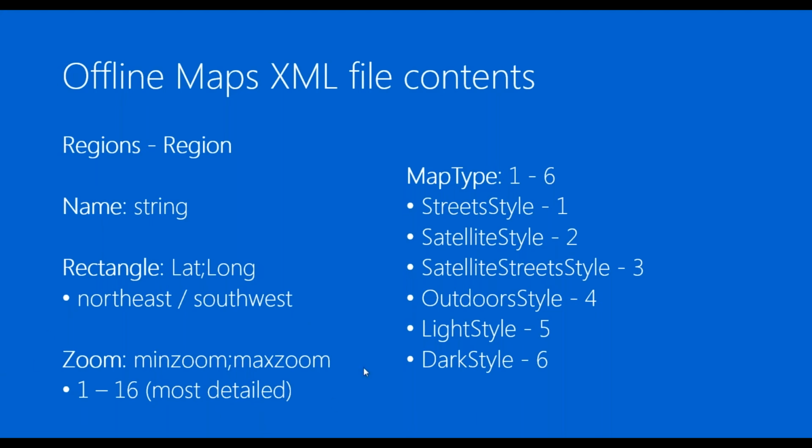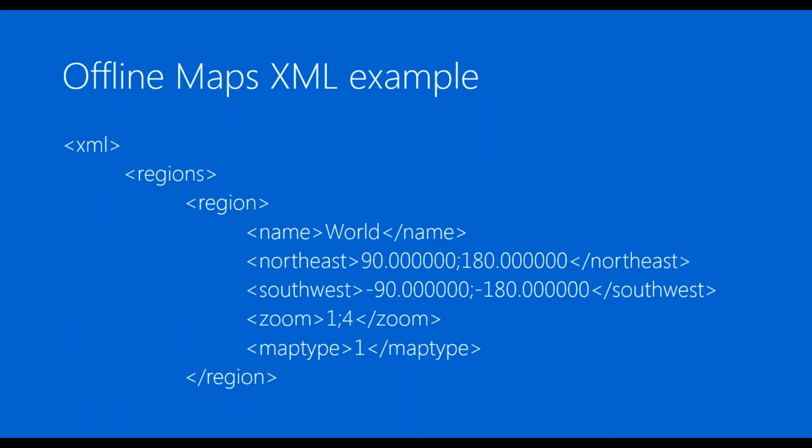You also have to define the minimum and maximum zoom level. It's from 1 to 16, and which map type you want to use: the street style, that's the most common, or the satellite style, or some combined, and some less used styles like the light or dark.